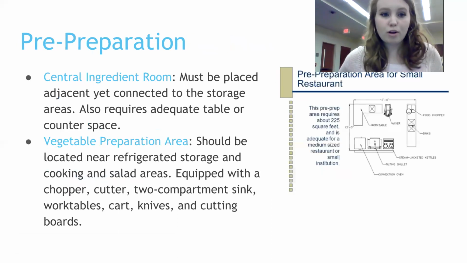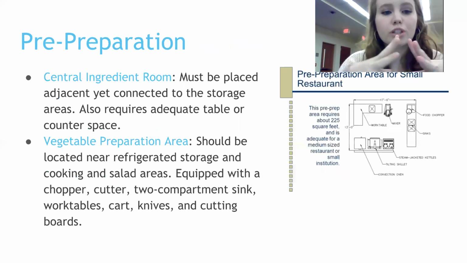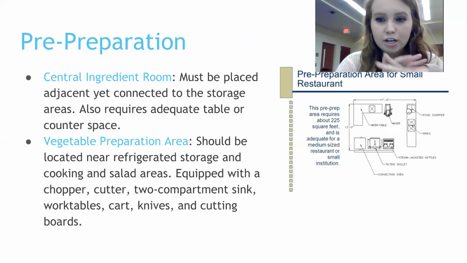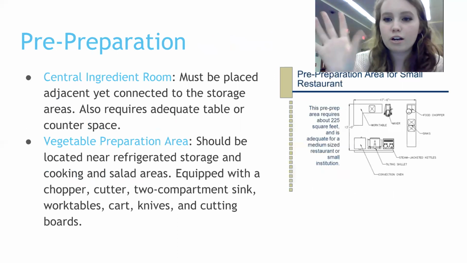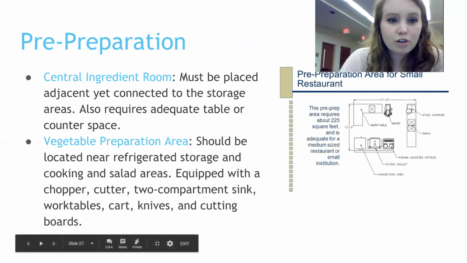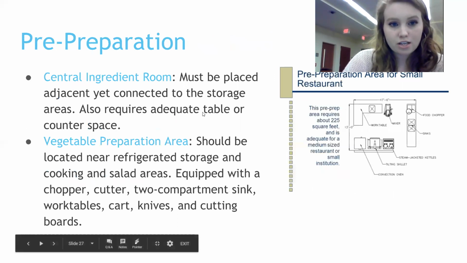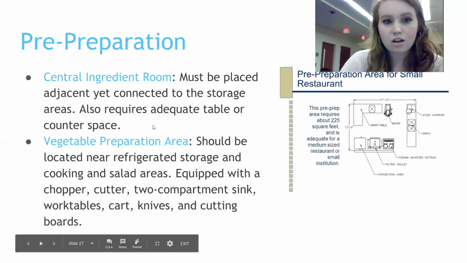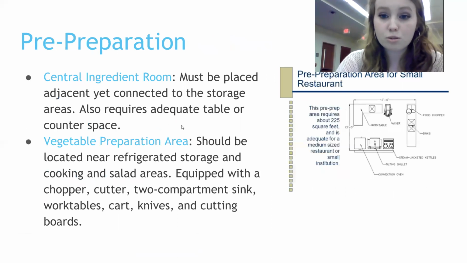So the pre-preparation area has a central ingredient room and a vegetable preparation area, and it's basically the area where you pre-prepare food that's going to get put in bigger dishes later. So the central ingredient room must be placed adjacent yet connected to the storage areas, and it also requires adequate table or counter space.